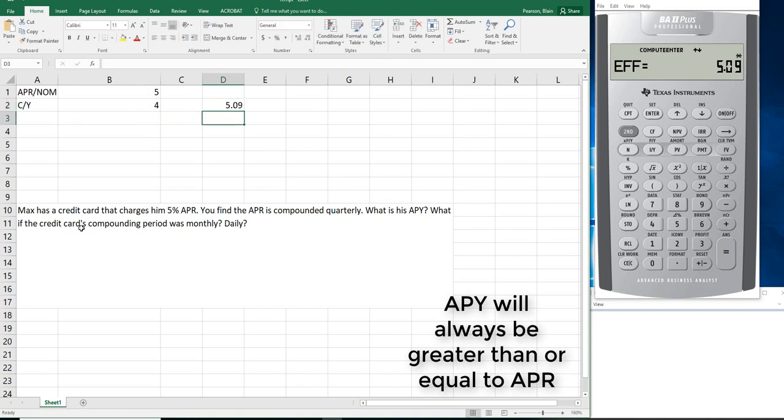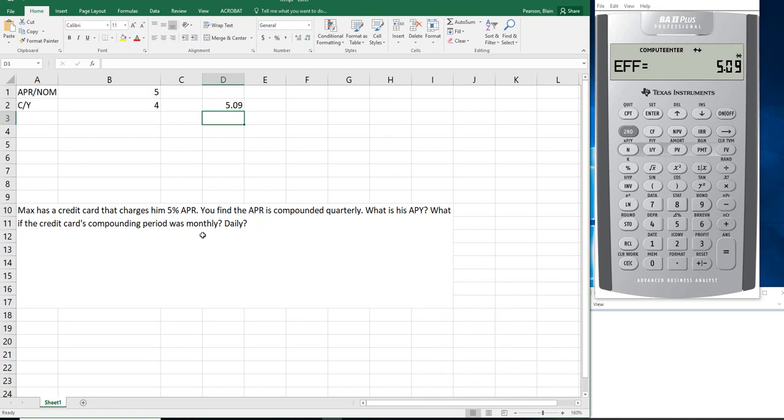What if the credit card's compounding period was monthly? We can scroll back down to our C/Y and enter 12, scroll back up, hit compute again, and we get 5.12. What about daily? For daily, we'll use 365.